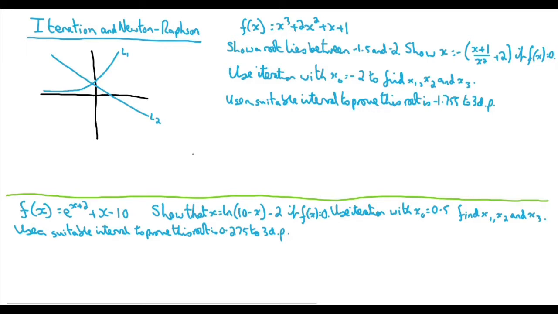So you would put in some x naught into the bigger expression and get out an x1 on the other side. This x1 you would then put back into the other expression to get out an answer of x2, and so forth for as many times as the question asks. We'll get on to an example of that in a second.